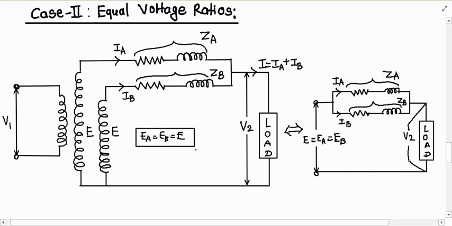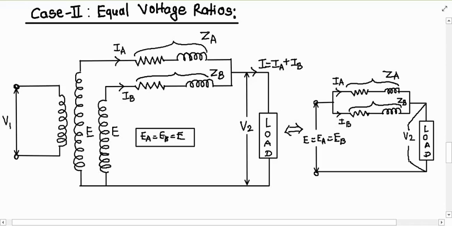The two voltages are coincident with each other, that is, there is no phase difference between EA and EB, which would be true if the magnetizing currents of the two transformers are not much different from each other. If the magnetizing currents are different, then obviously there is some difference between EA and EB.